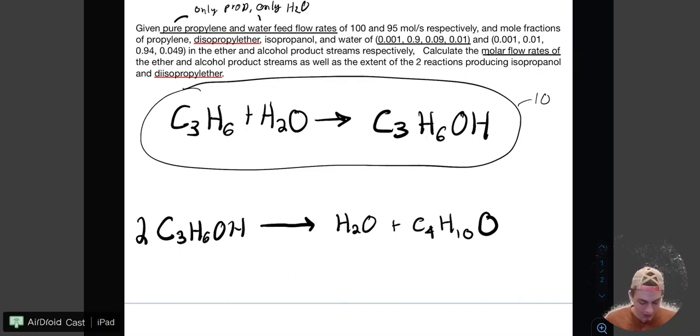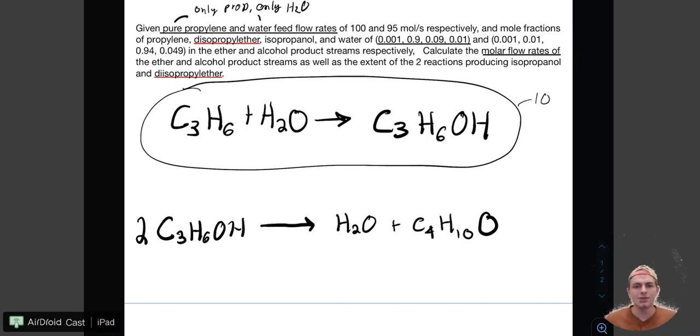Similarly, for the bottom reaction, we would multiply all of that by the stoichiometry of that reaction. So we would have 2 times the extent for all of the isopropanols. Now, the extents of the reactions will, of course, vary, and they will indeed be combined into our material balance here.